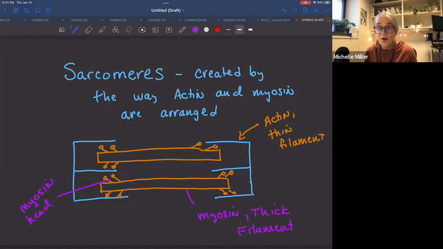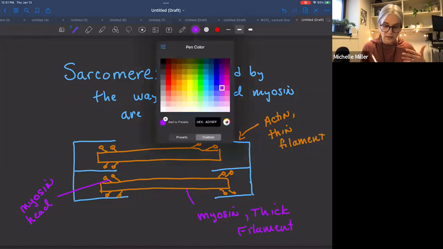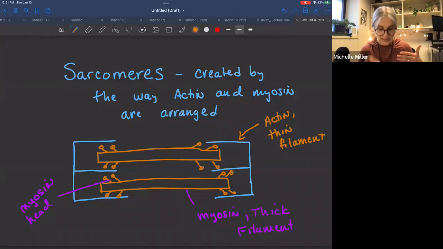And we're going to talk about the sliding filament model of muscle contraction. But in general, what happens is that the myosin heads bind to the actin and they pull and shorten the sarcomere. So the sarcomere will actually shorten as the muscle contracts.